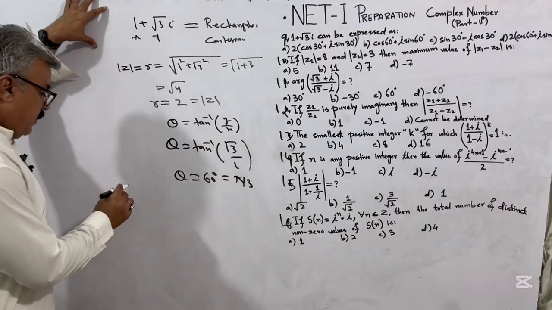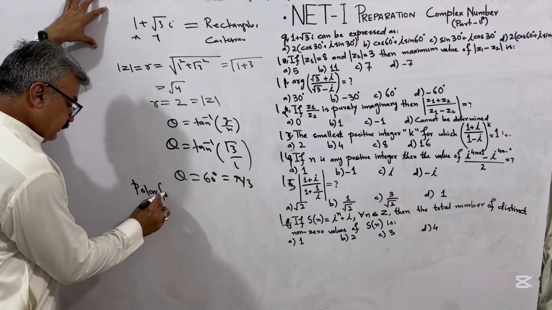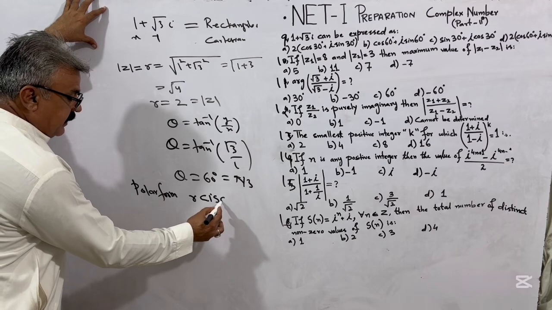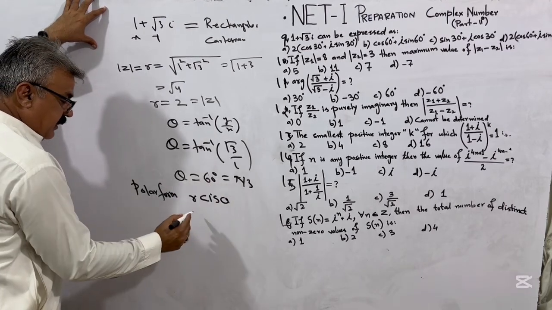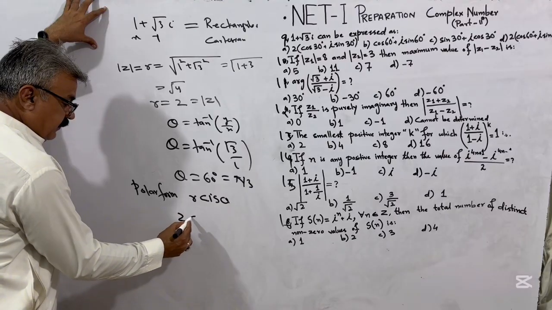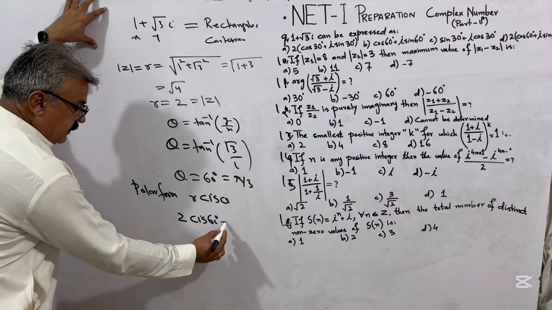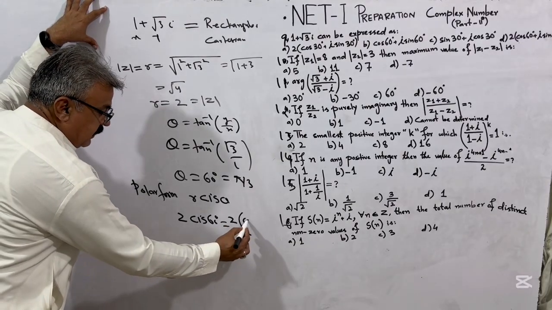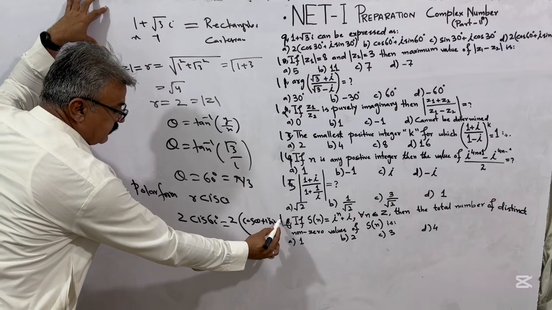How to write in polar coordinates, in polar form? Our polar form is given by r cis theta. We have r is 2 and theta is 60 or pi upon 3. So 2 cis 60. CIS is the abbreviation of cos theta plus iota sin theta.